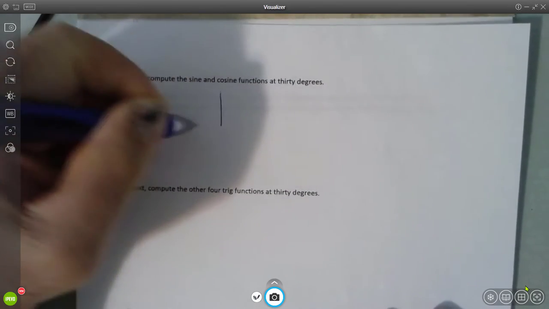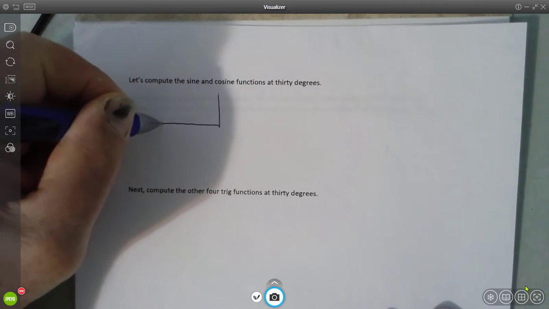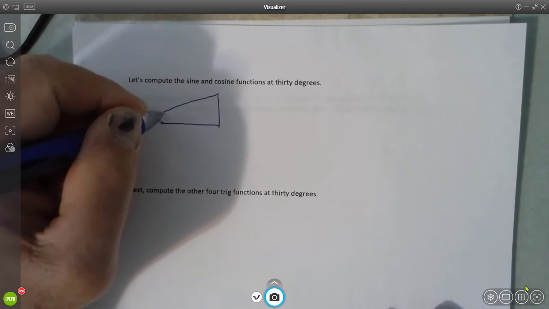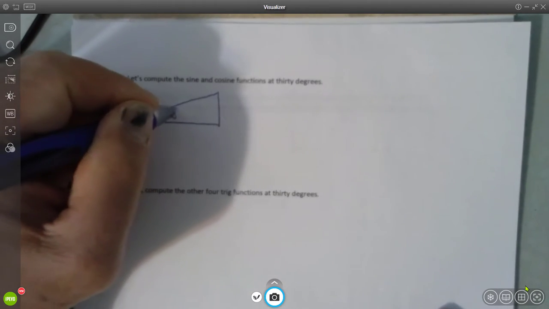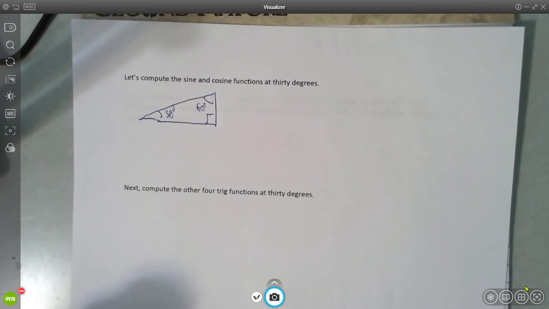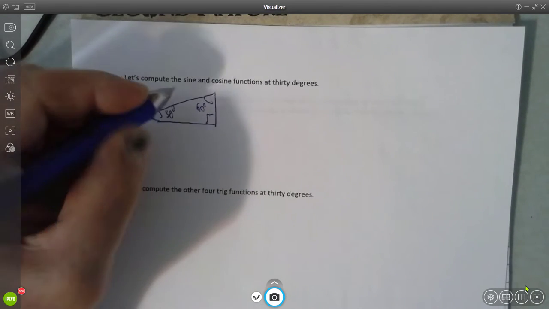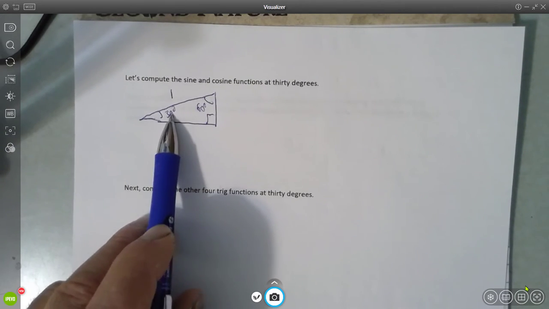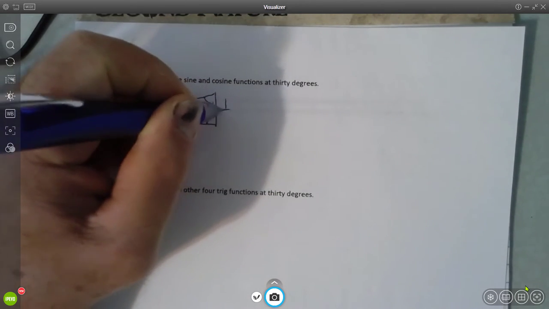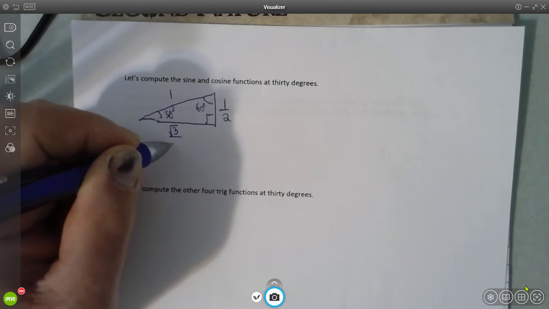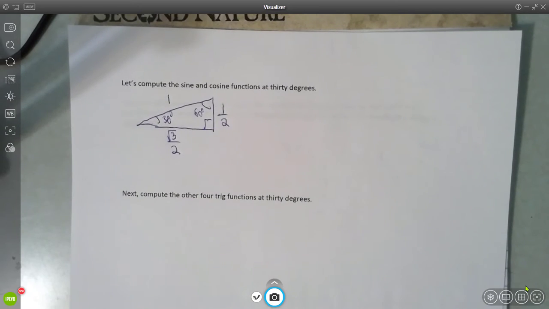The way to do that is to look at a special triangle that has that angle in it. So we're interested in the 30, 60, 90 right triangle. If we make the hypotenuse 1, that's usually convenient. The side opposite the 30 degree angle has length 1/2, and the side adjacent to it has √3/2.